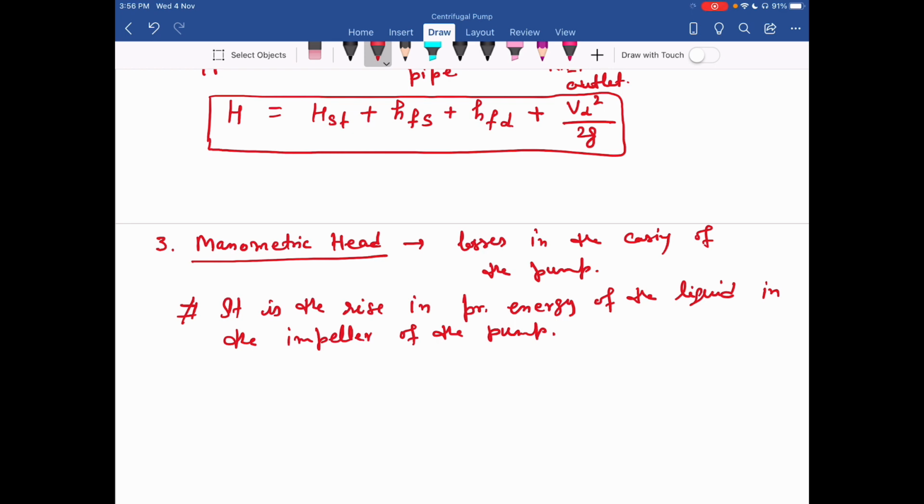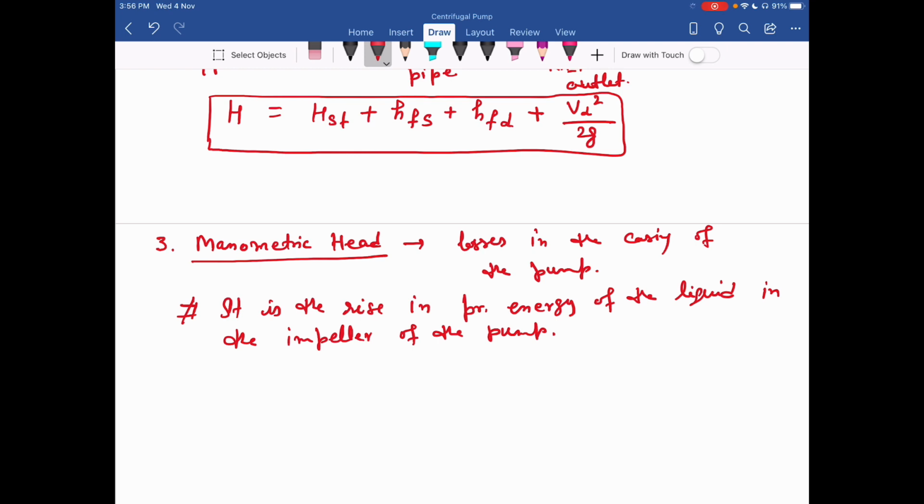So to measure this, you can say that two pressure gauges are installed, one on the suction side, okay, and another one is on the delivery side, okay, that is near to the pump.